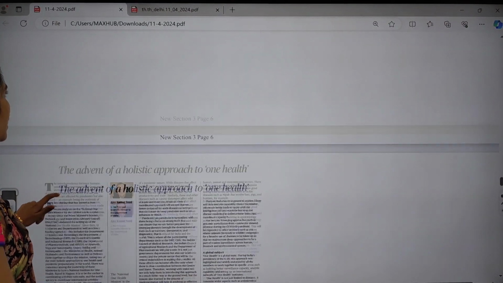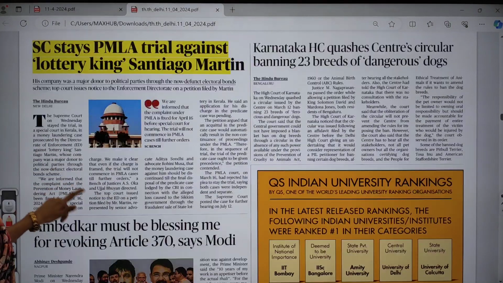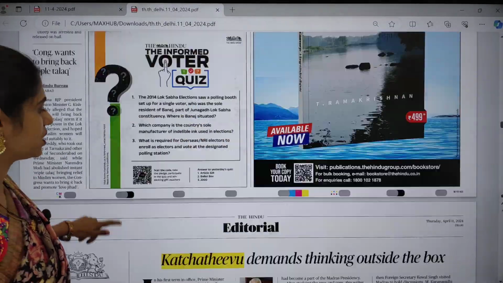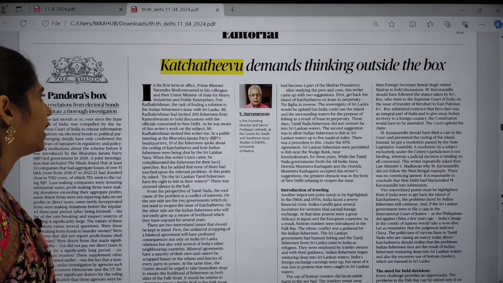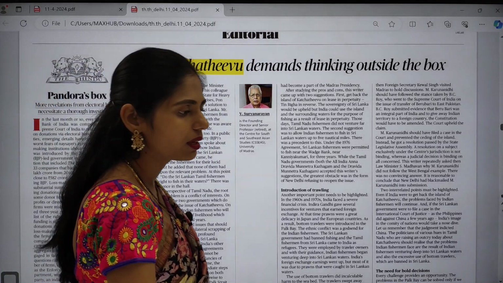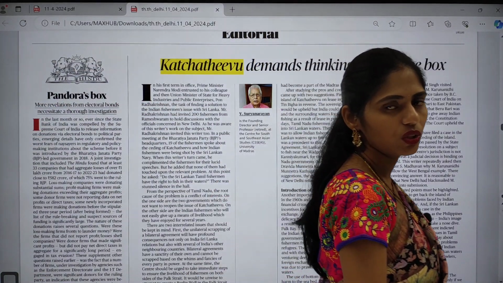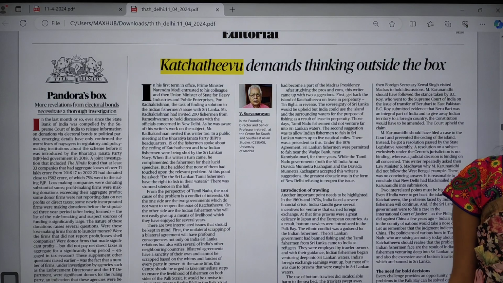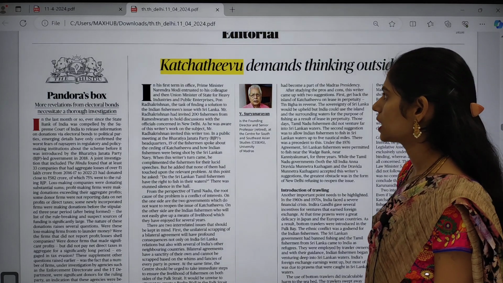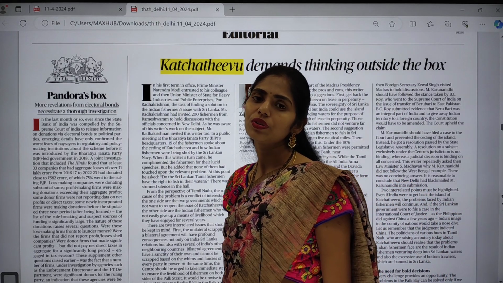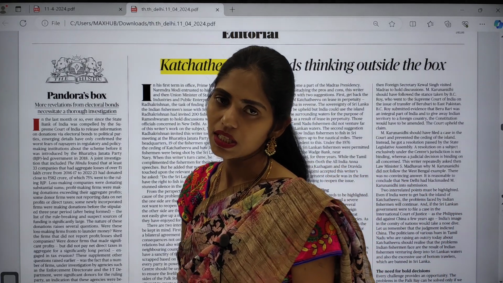And now let us see the next topic. You can directly move on to the editorial page. Here there is one article about the Kachatheevu Islands. Our Prime Minister made a statement regarding these Kachatheevu Islands, which is a controversy now. It is between the BJP and the Congress party. Our Prime Minister said that Kachatheevu had been handed over to Sri Lanka by the Congress party.